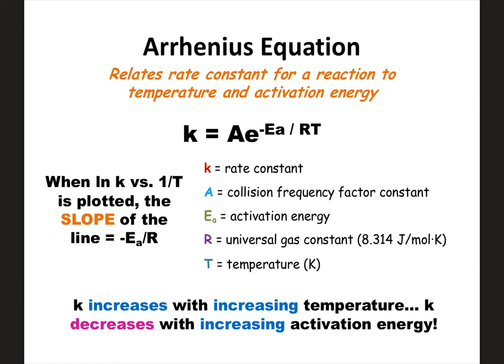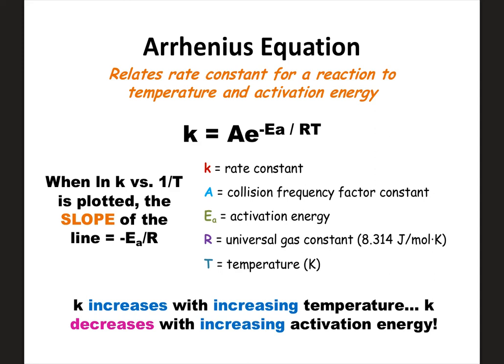So if you run an experiment at different temperatures and measure the rate constant, k, you have multiple data points for k and temperature. If you plot the natural log of k versus 1 over temperature, that's not time, all right?